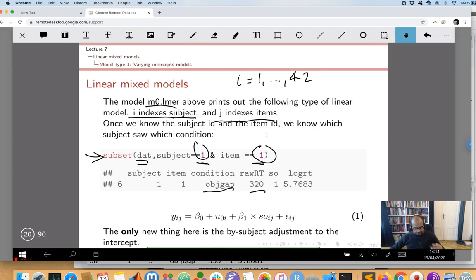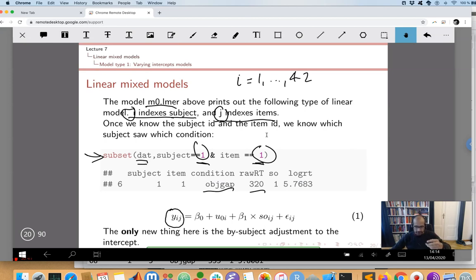So the interesting thing here is now I can use the subject and item IDs, so the I and J IDs that I'm talking about here, to write down the mathematical form of this linear mixed model. Okay, so each of my log reading times can be uniquely identified by subject and item ID, I and J, in the following way.